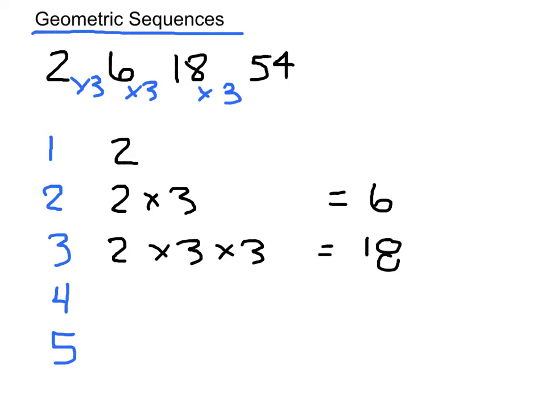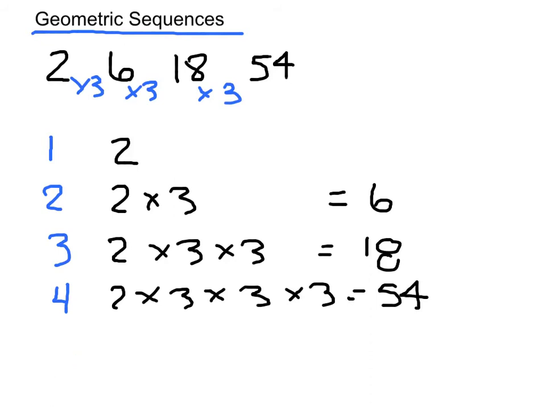And my fourth term is 18 times another 3. That gives me 54. And so if I were to find the nth term, all of these start off with a 2. So that would be the first term, 2, times the ratio, what I'm multiplying by each time. In this case, my ratio is 3.